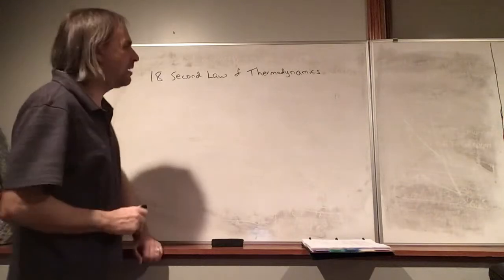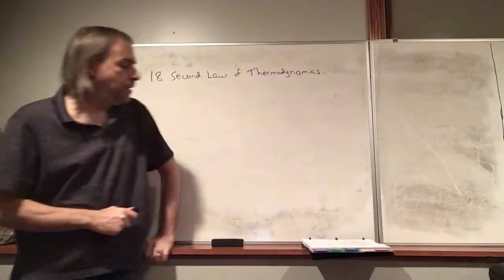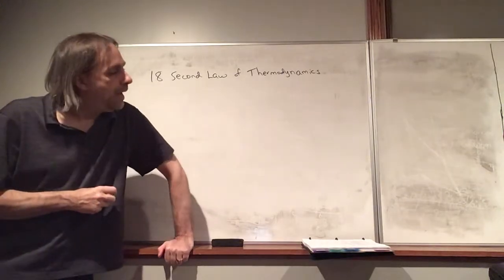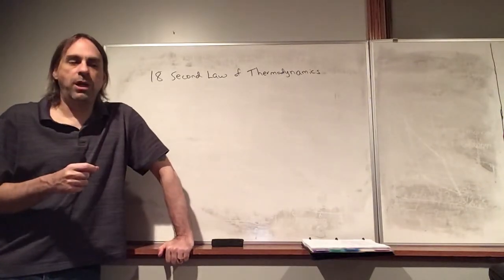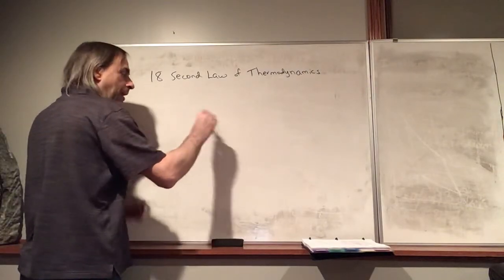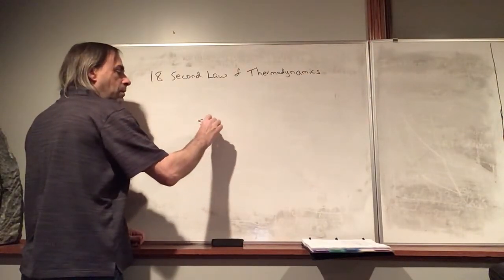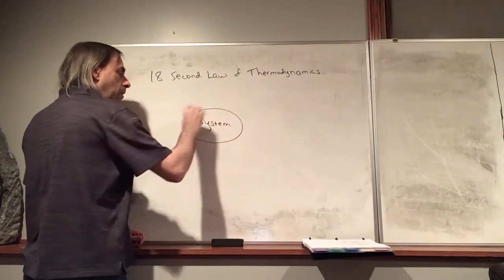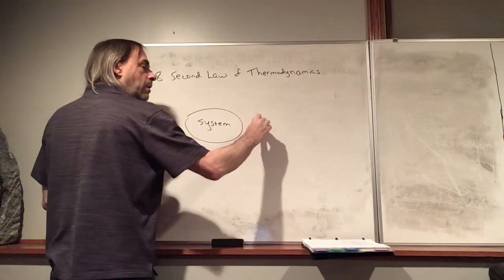Now, I want to talk about something else. Something called a reversible process. And a reversible process is when we have a system and its environment, which is everything outside. So here's our system, and outside of that we have our environment.